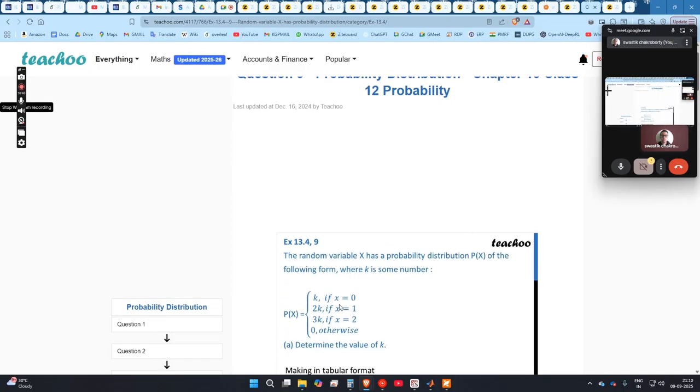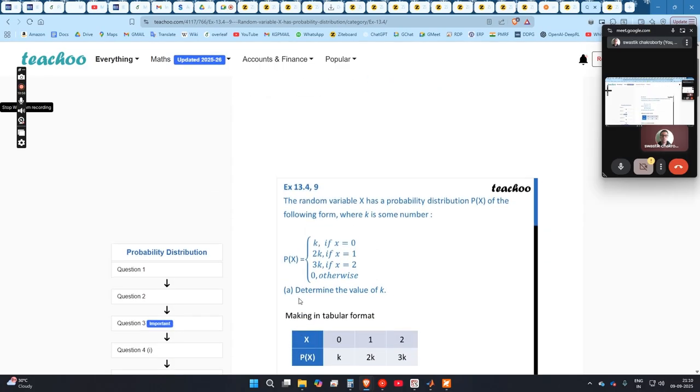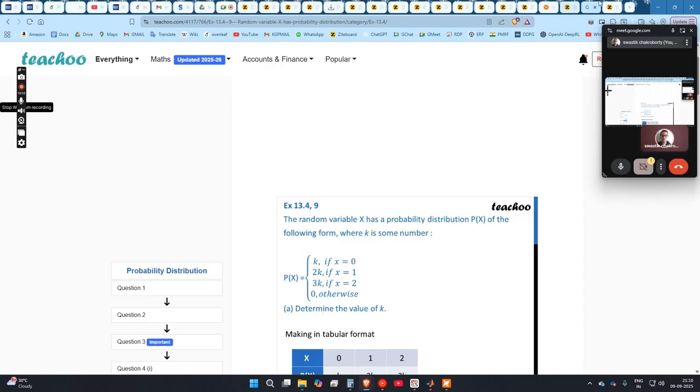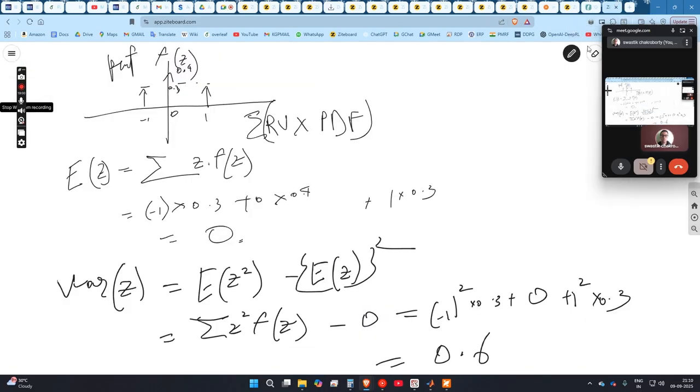Now, here the random variable has a probability mass function PMF as k if x equal to 0, 2k if x equal to 1, and 3k if x equal to 2, and 0 elsewhere. So now we have another PMF.